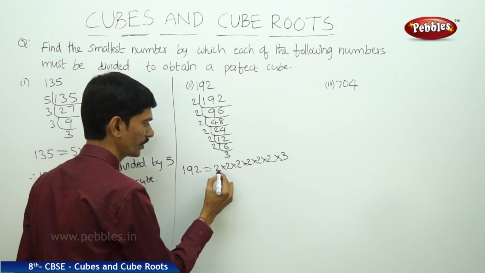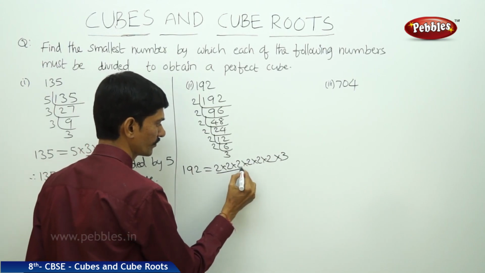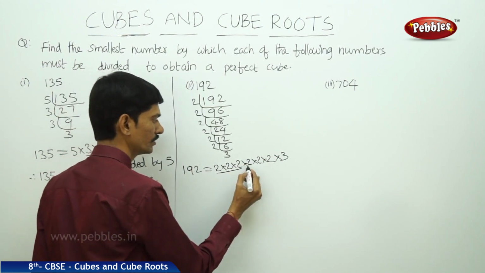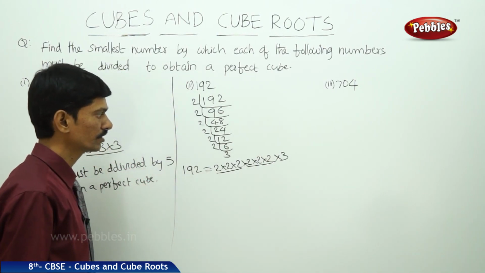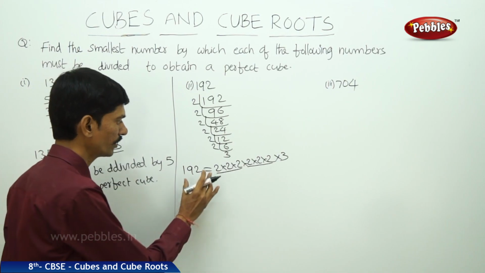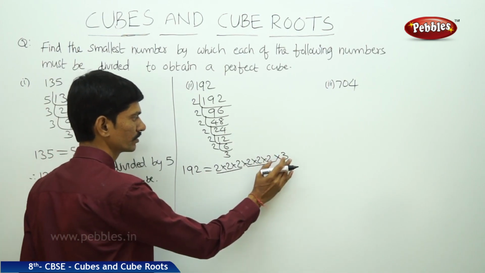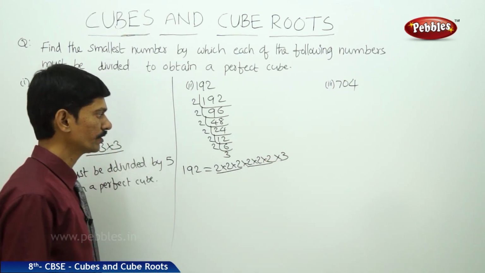Now here the first prime factor 2 occurs 3 times and again 3 times, but there is only one 3 left there. So the given number should be divided by 3 to obtain a perfect cube.